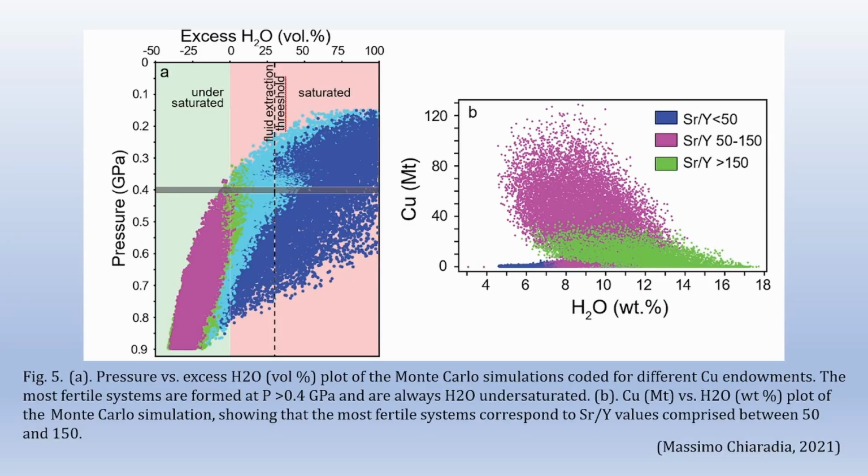The most fertile systems are not the wettest. They are the ones that hold on to water long enough. Magmas that exhaust fluids too early would lose copper before reaching the porphyry zone. Fertile magmas walk a tightrope, rich in water, but still undersaturated.